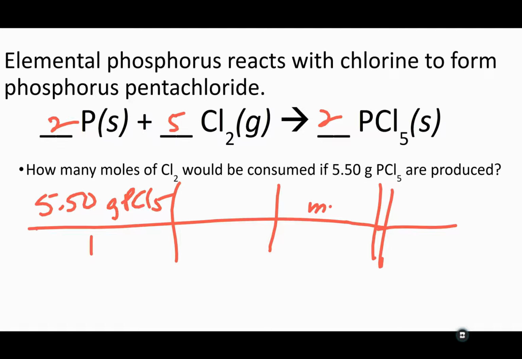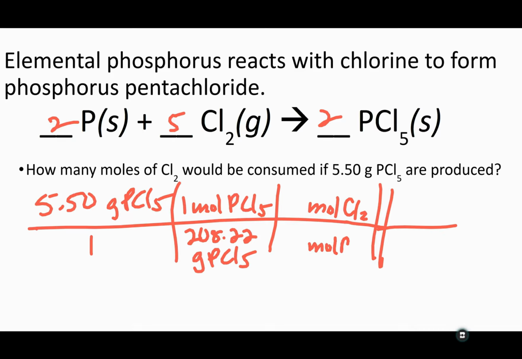So I want moles of Cl2 in the end. So this unit here has to be on the bottom, grams of PCl5. This right here is my molar mass fraction. In 1 mole of PCl5, it equals the molar mass of PCl5. Since I'm in moles of PCl5, I'll put this down here. Now I'm going to use my coefficients to get my mole to mole ratio. So 5 moles of Cl2 over 2 moles of PCl5.